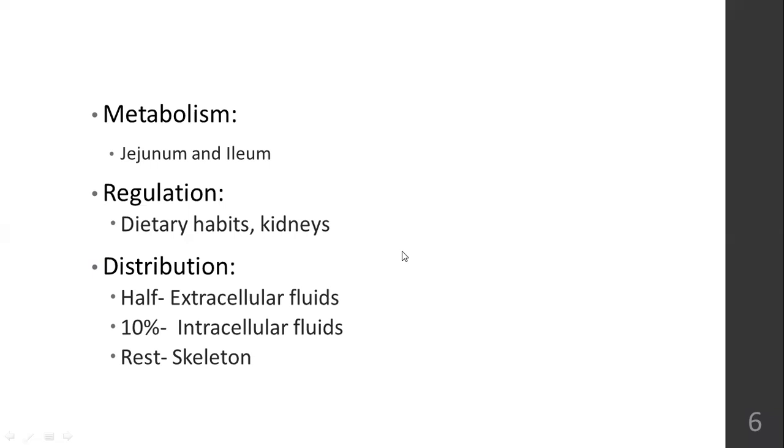How much salt you take in, how much sodium-laden salty food you take in, and how well the kidneys are excreting out excess sodium, that is the main regulation. If your kidneys are not functioning well, you can control your dietary habits.